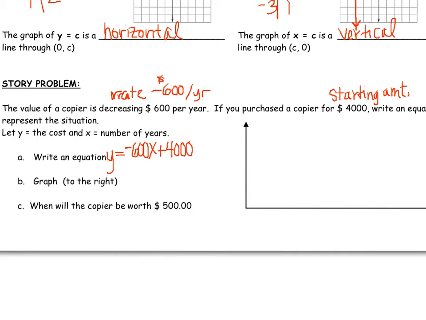Now we're going to graph it, and we know our starting amount's 4,000, so we need to have at least going up to 4,000. And if y is the cost, we know our cost has to go on this axis. x is the number of years, so our number of years has to come down here. Put our labels on there. And our cost has to go up to 4,000.